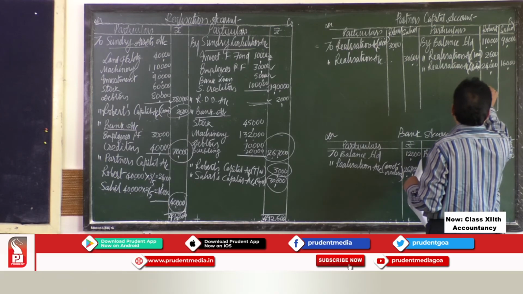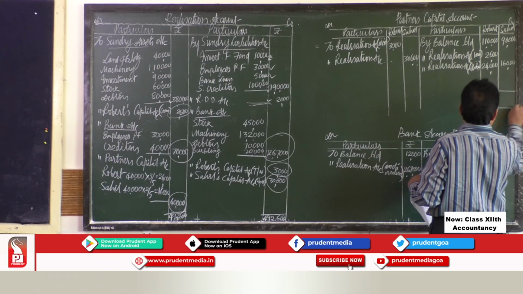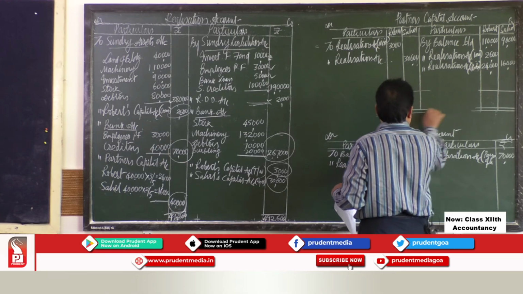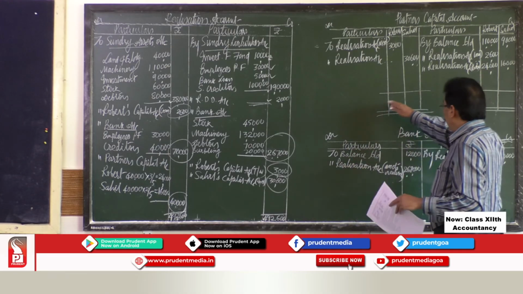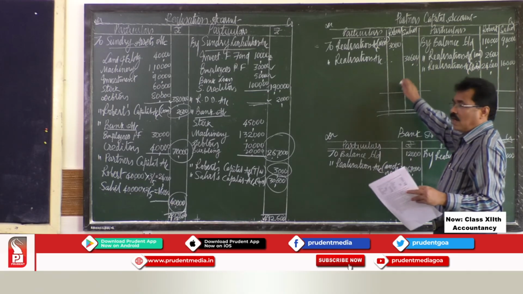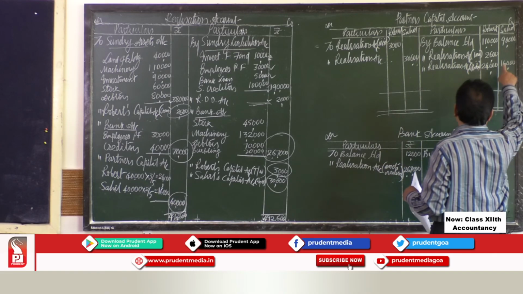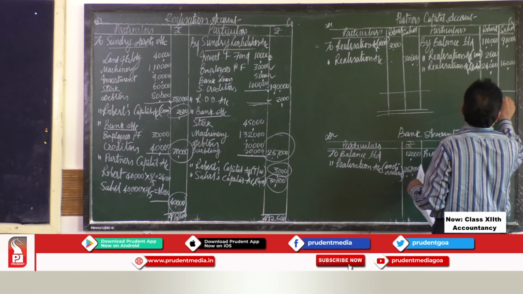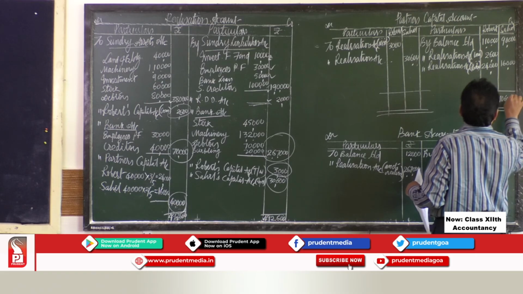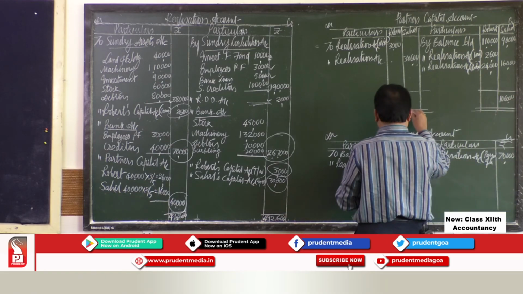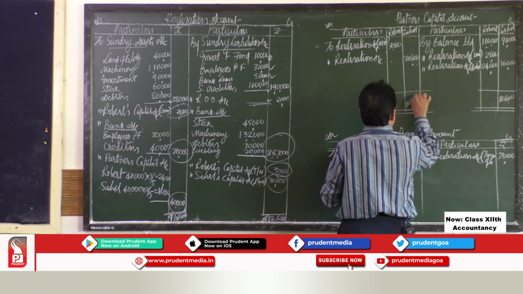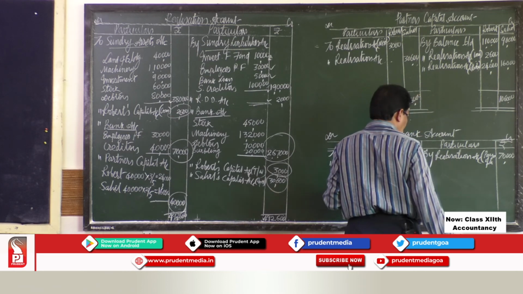Now you have to balance this capital account. You have to see whether the credit side total is more or the debit side total is more. So this is 90,000 plus 16,000, which gives you 1,06,000. Bring that 1,06,000 to the debit side.